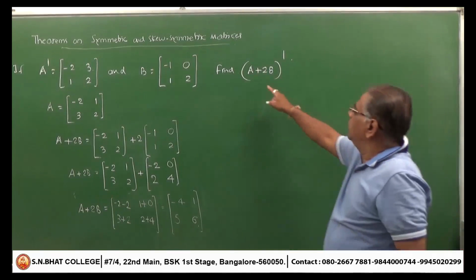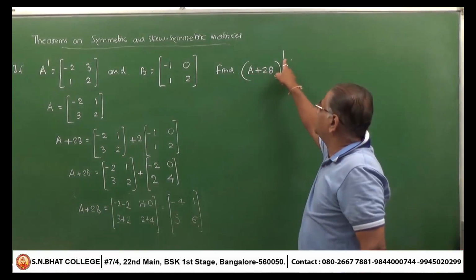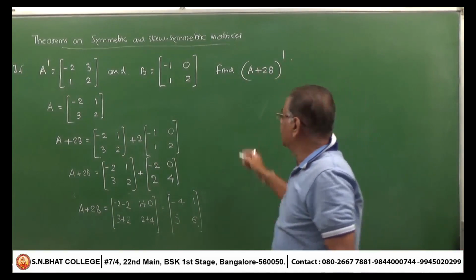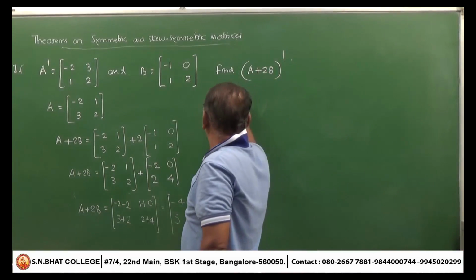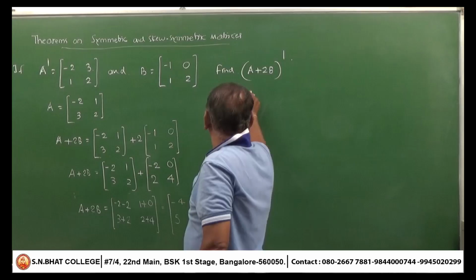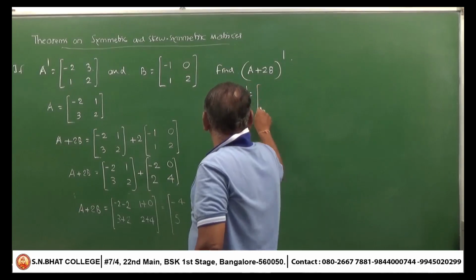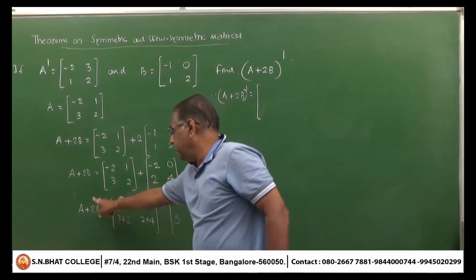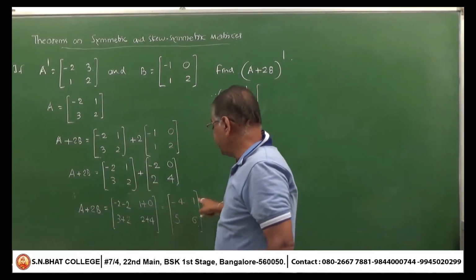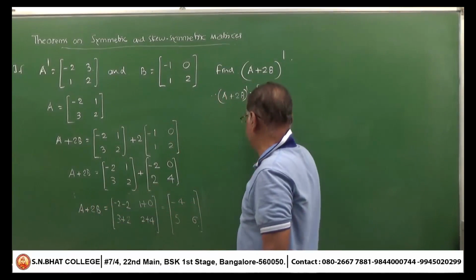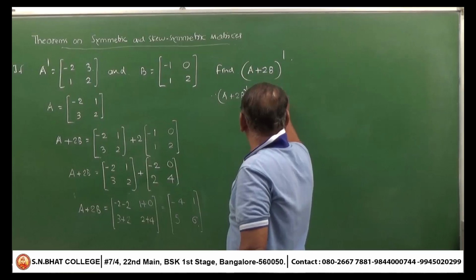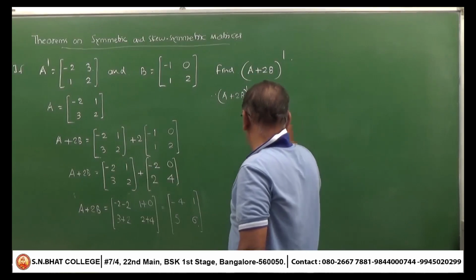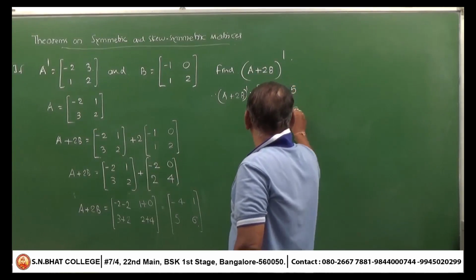The question is, we have to calculate (A plus 2B) transpose. Therefore, (A plus 2B) whole transpose is equal to, this is A plus 2B. To calculate its transpose, interchange the rows and columns. Write rows as columns, columns as rows.